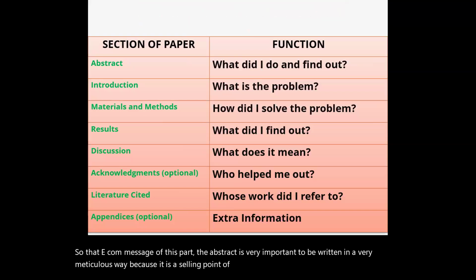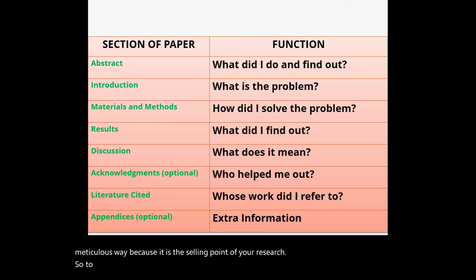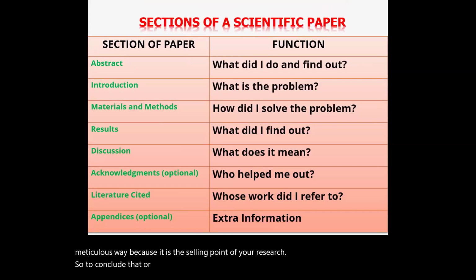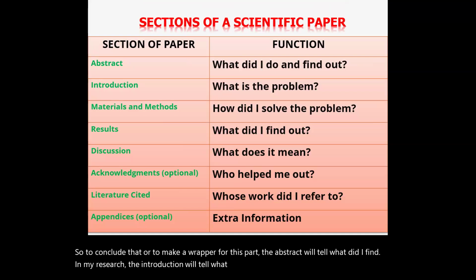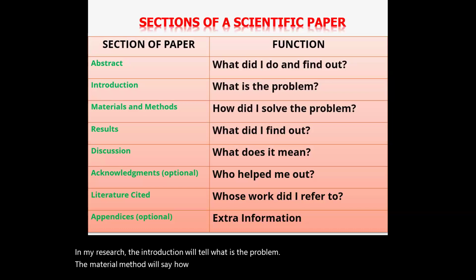So to conclude that, or to make a wrap-up for this part, the abstract will tell what did I find in my research. The introduction will tell what is the problem. The material method will say, how did I solve the problem? And the result will highlight what did I find?